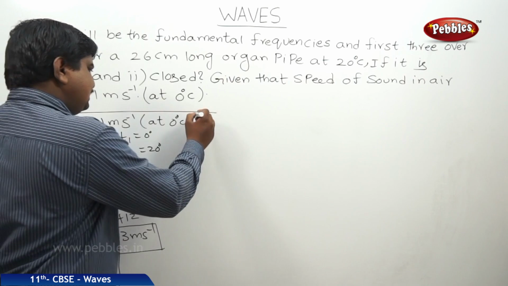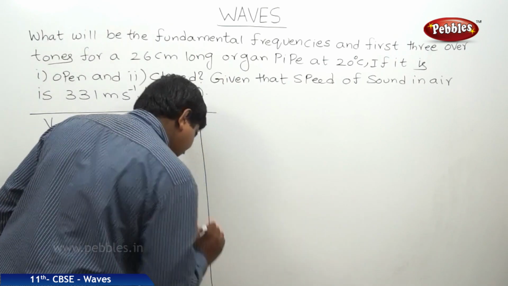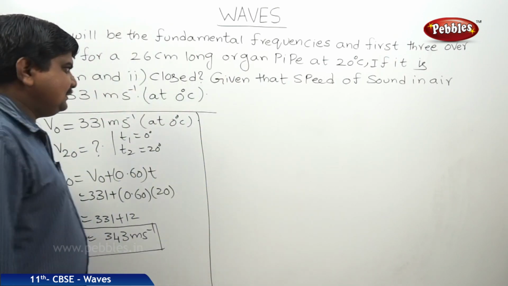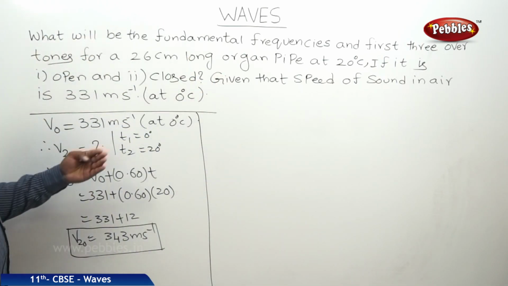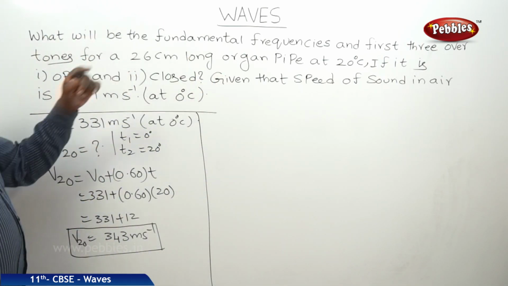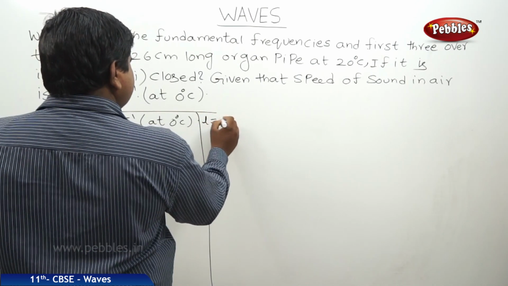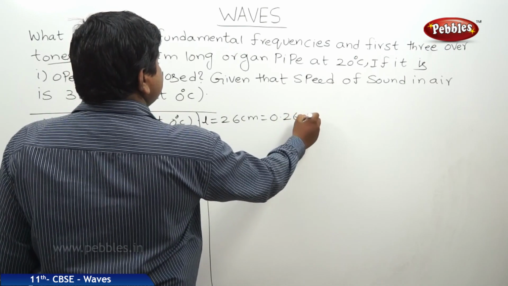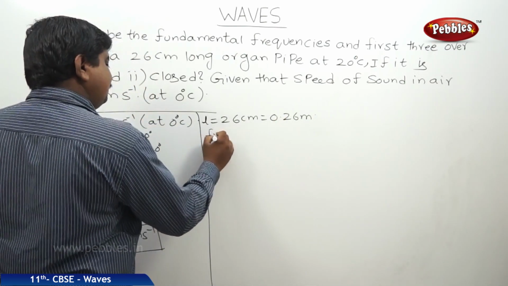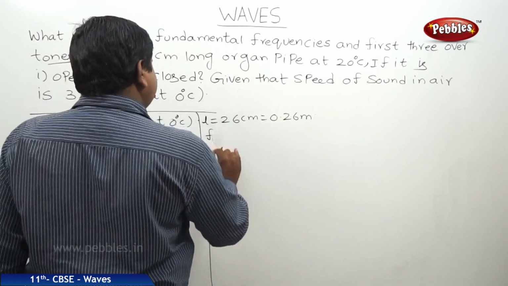So, if this is the case, what we can understand is we should find out the frequencies, fundamental frequencies as well as overtones. Length of the pipe is 26 centimeters. That means 0.26 meter. So, fundamental frequency at open end.